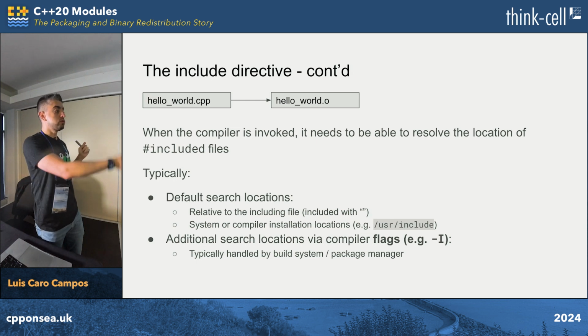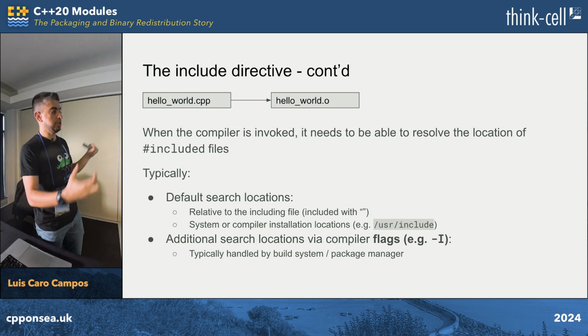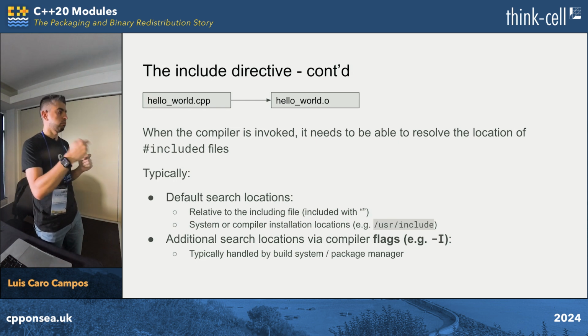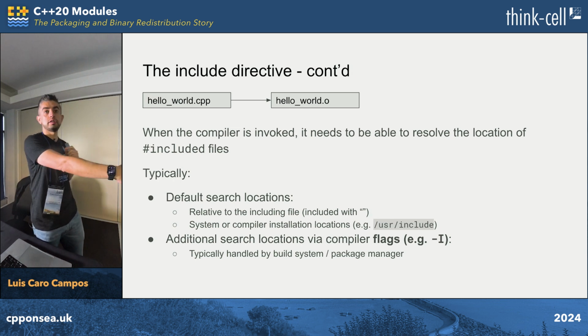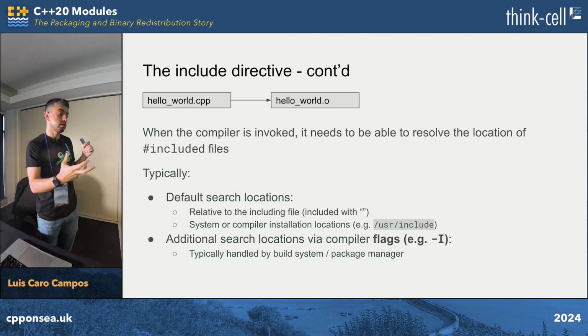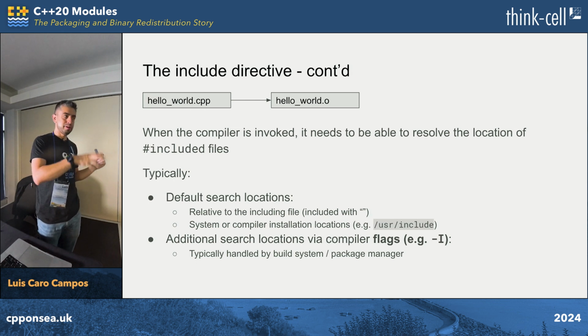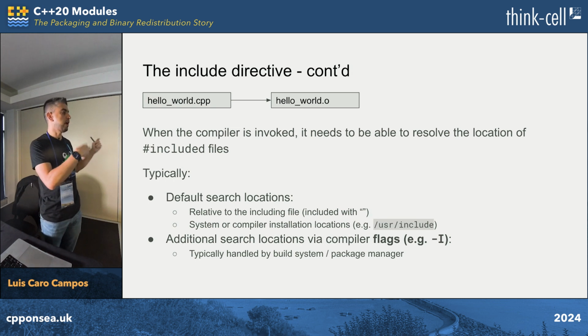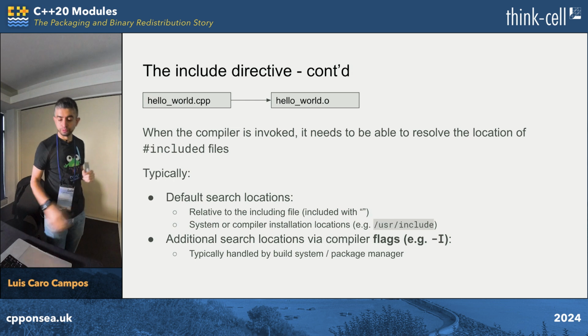It could be relative to the including file if we use double quotes rather than angle brackets. Or more typically, we can pass include flags to the compiler to tell it: hey compiler, to resolve these files, please look in these directories. We're used to that, although these days we don't necessarily manually pass flags to the compiler. Typically, this is handled by the build system, like with find_package in CMake or something similar.